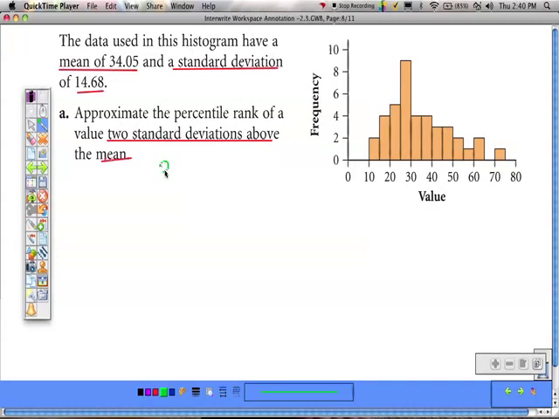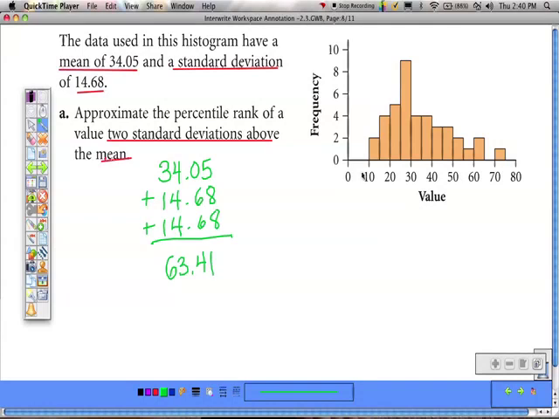So the first step is we're going to add 34.05. We're going to add 2 standard deviations, just to figure out where we are in the chart. Alright, so if we add those together, we're going to get 63.41.